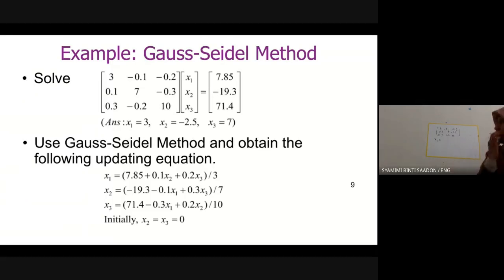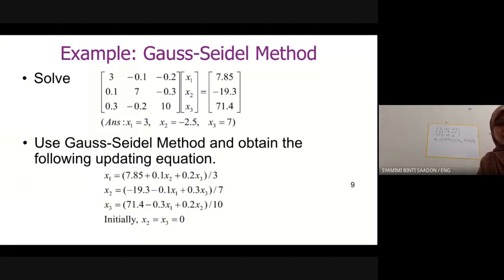B1 is 7.85. Write this in linear form: 3x1 minus 0.1 x2 minus 0.2 x3 equals 7.85. If we rewrite the equation, x1 equals 7.85 plus 0.1 x2 plus 0.2 x3, divided by 3, and so on.